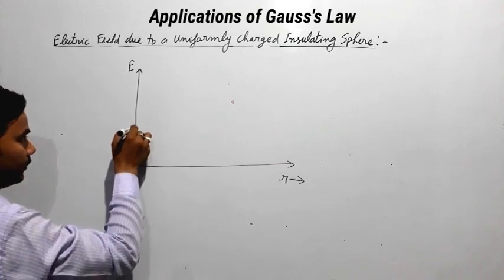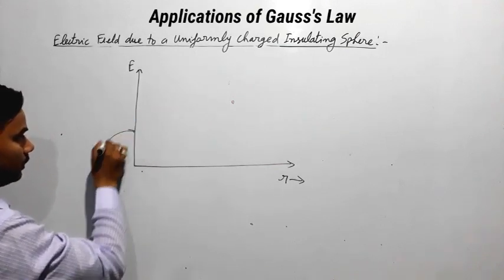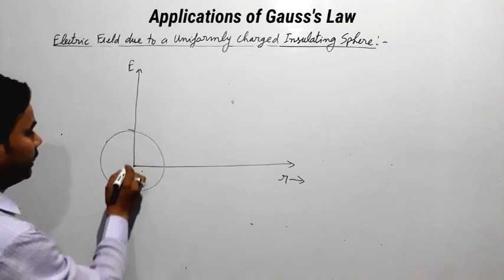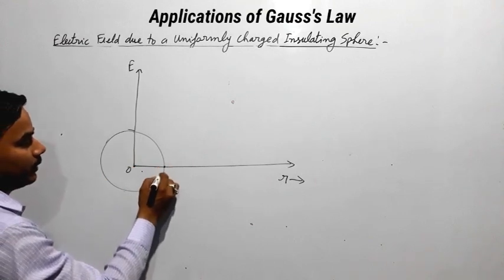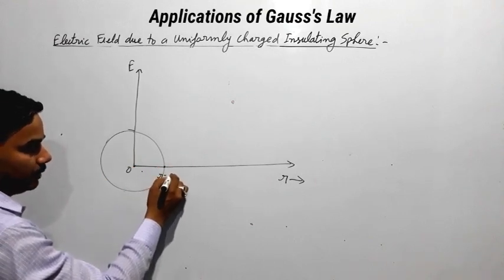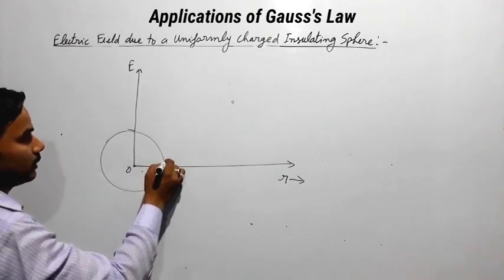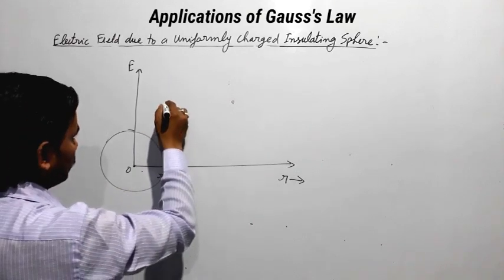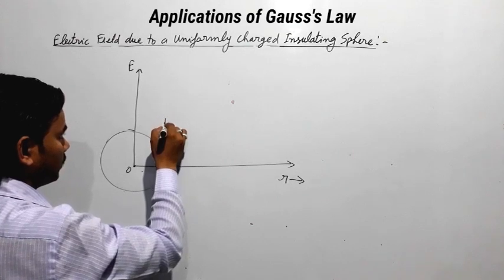Now we consider this is an insulating sphere, and its center is O. This is a surface point, small r equals capital R, and at the surface the value of electric field will be maximum.